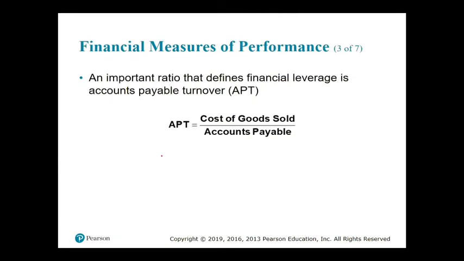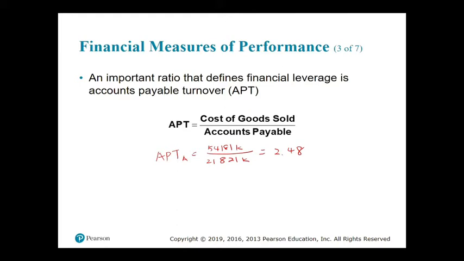So for Amazon, this means account payable turnover is 54181K divided by 21821K equal to 2.48. So what does that mean?